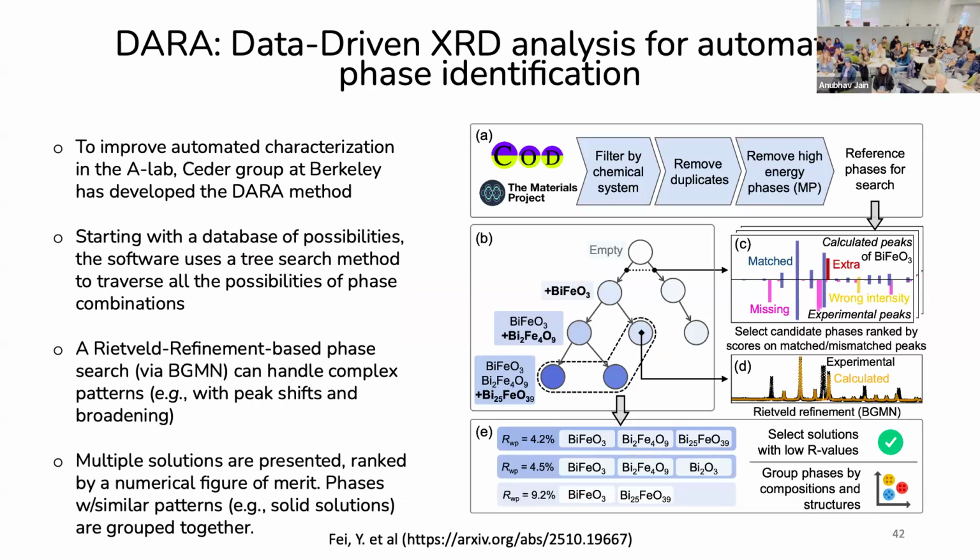But this actually creates a tree of possibilities for different compound mixtures that could fit your pattern. Then it prunes down that tree to figure out the best combination of materials and phases that fit your pattern as well as possible. And there's something called Rietveld refinement to further get a good fit to your sample. So these sorts of new software tools are certainly needed.